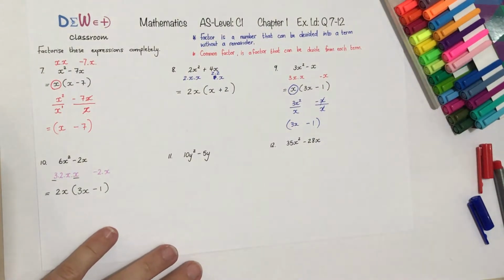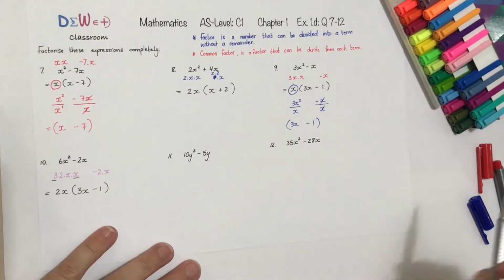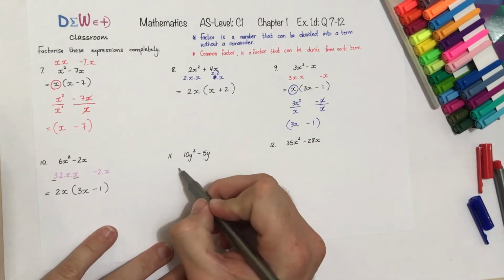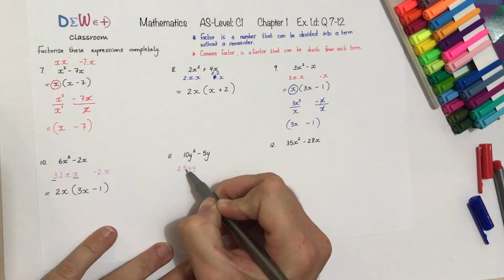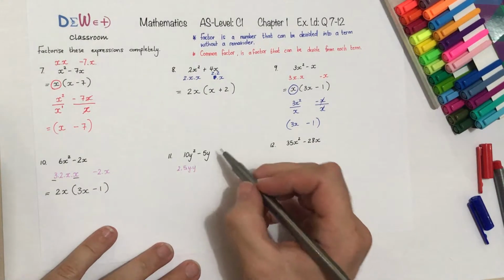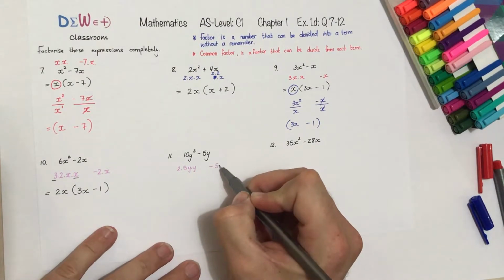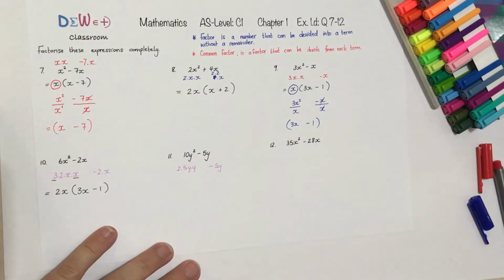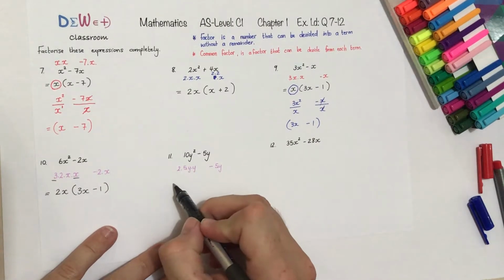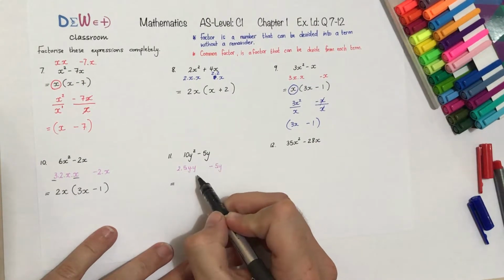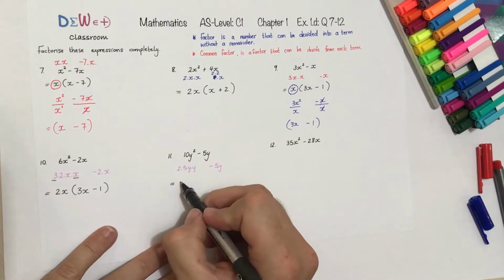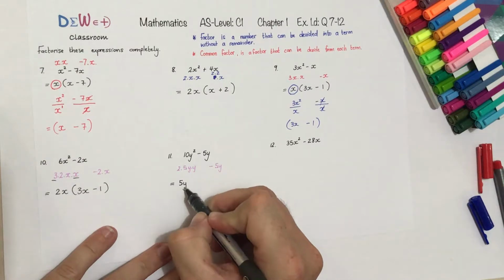Question 11. Here we have for the first term 2 times 5, y and y, all multiplied. And for the second term, we have minus 5y. So again, we take out the common factor, which is a 5 and a 5 on each side, a y and a y on each side. So this is our common factor, 5y.